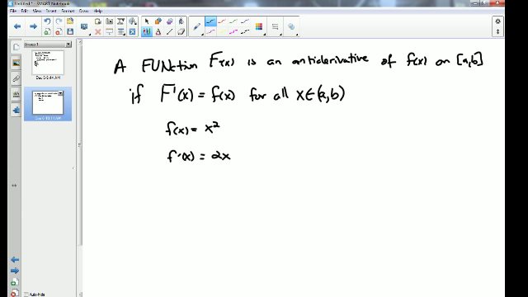We had those two functions on the previous slide. Which one is big F of x? 2x? F of x is the antiderivative. Big F of x is the antiderivative. So which one? x squared.